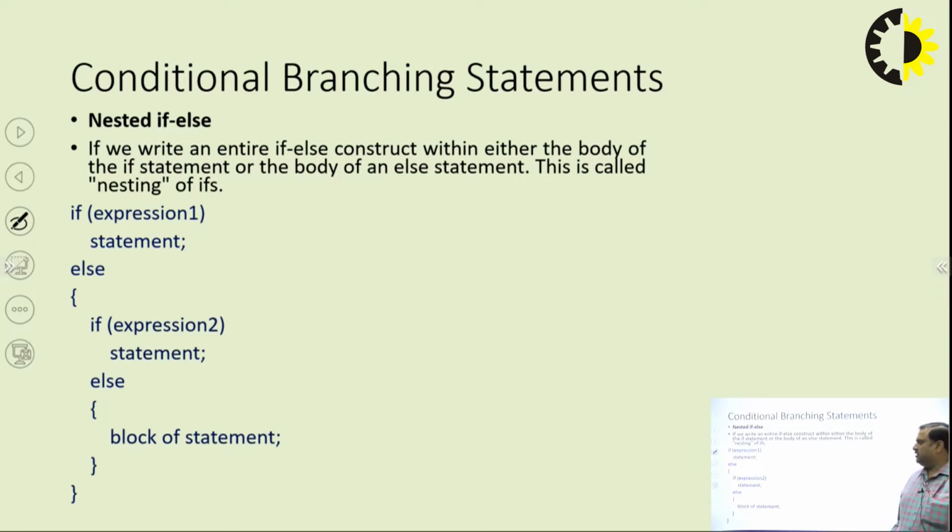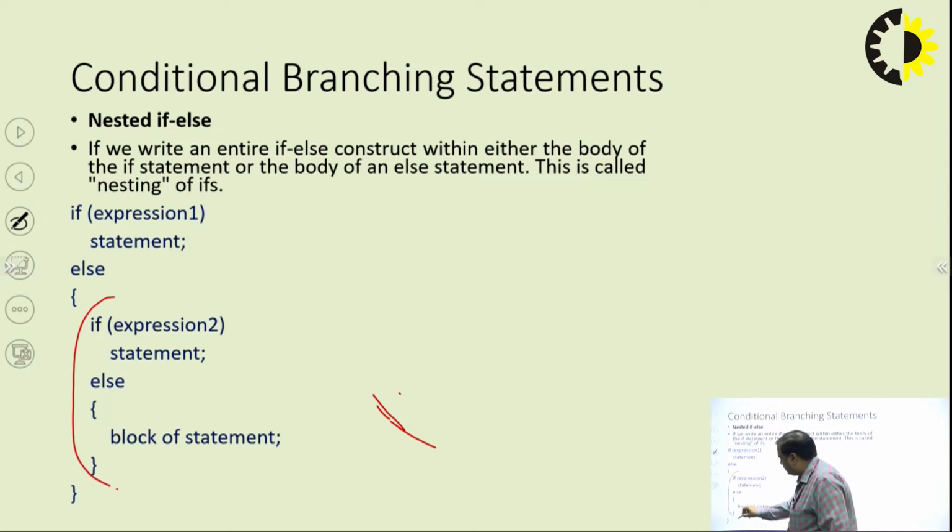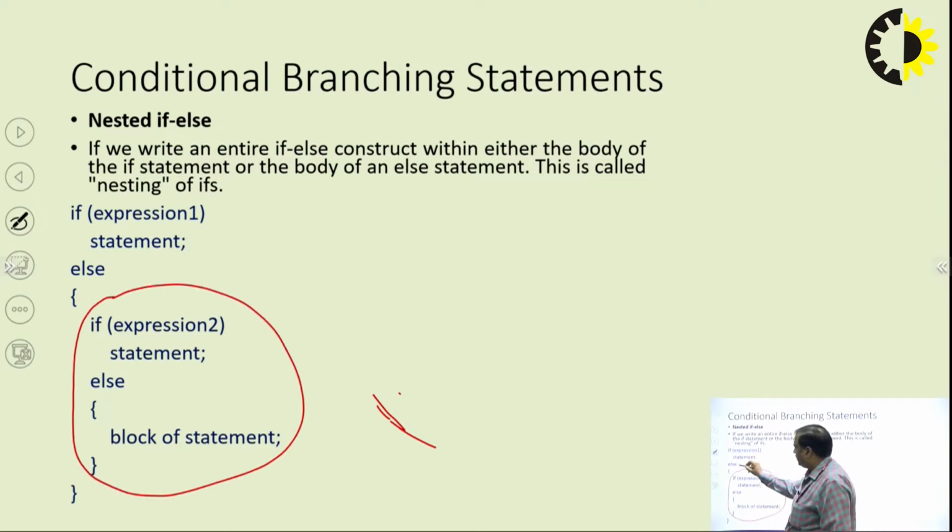For example, here if expression 1 statement else if expression 2 statement. So, this construct is basically inside the else block. So, this kind of arrangement will be treated as nested if else block. So, this else block is nested else block. The case may also be in the if block.